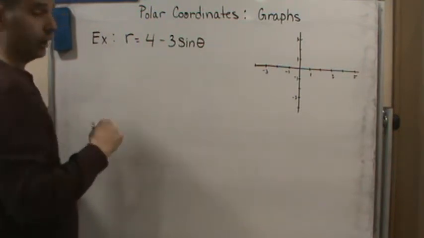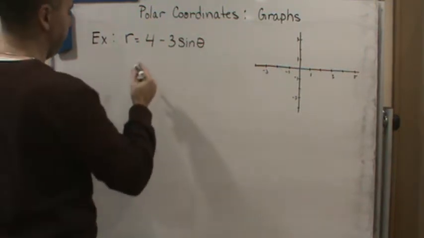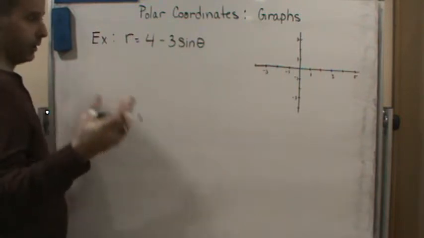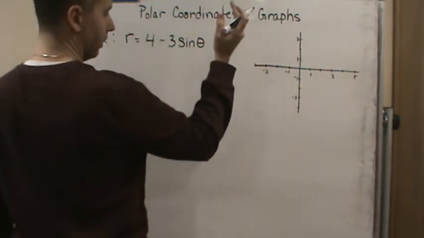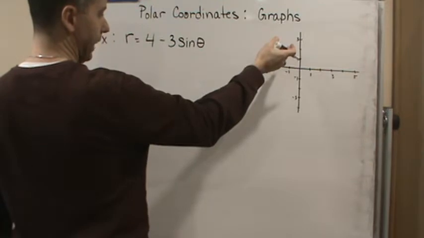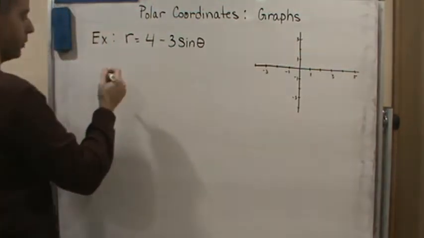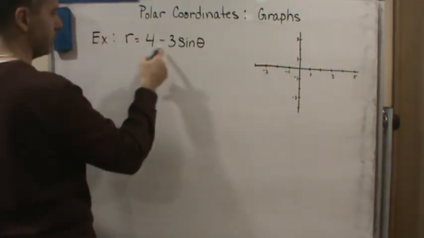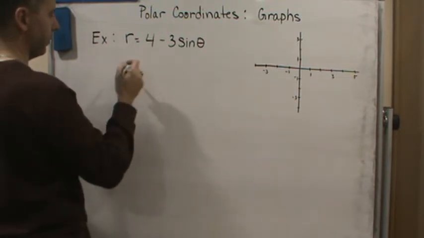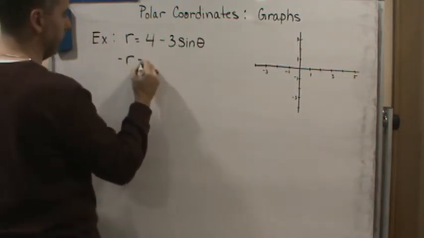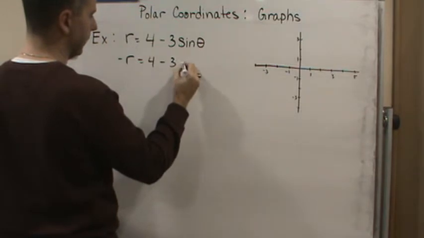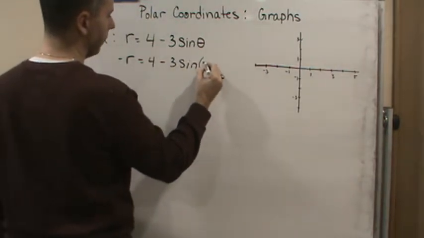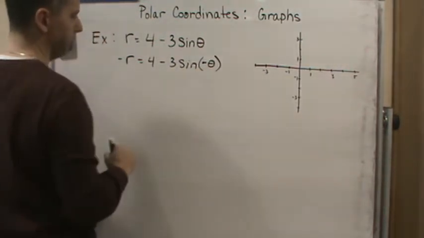Now, let's look at this. First of all, let's test for symmetry. So again, I'm going to test with respect to the y-axis, or theta equal to pi over 2. So I'm going to replace both of these with negative values. So we're going to get negative r equals 4 minus 3 sine of negative theta.